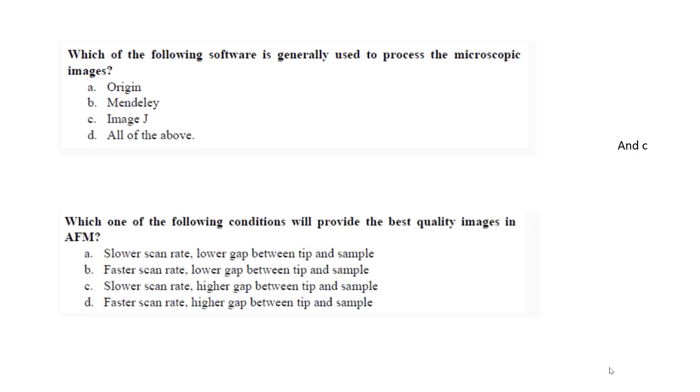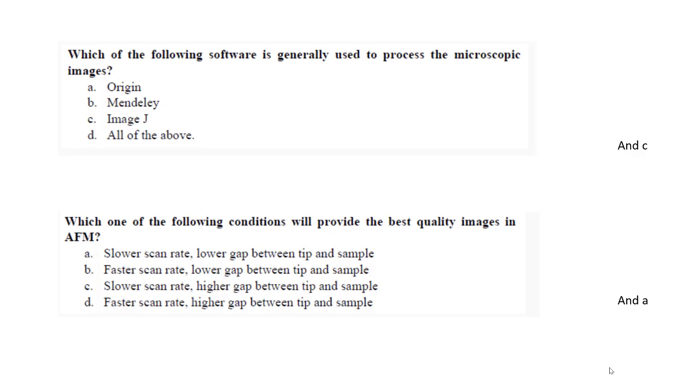And which of the following conditions will provide the best quality images in AFM? Slower scan rate and lower gap between the tip and sample, faster scan rate and lower gap between the tip and sample, slower scan rate and higher gap, or faster scan rate and higher gap. What should be the answer? Yeah, exactly.